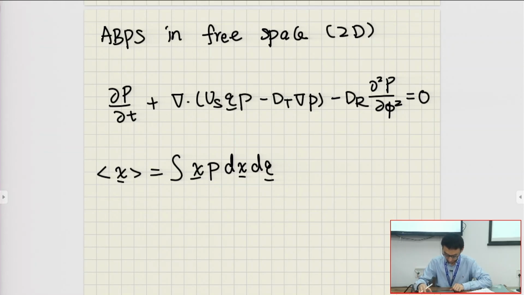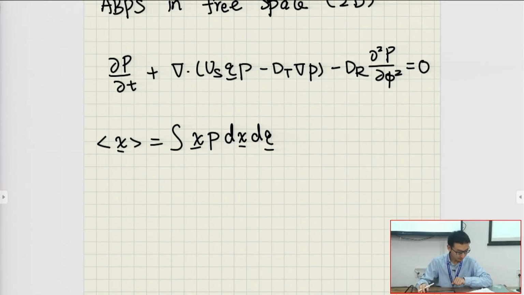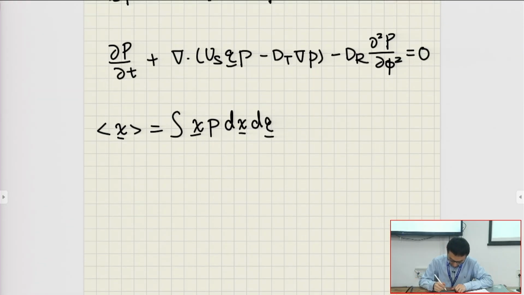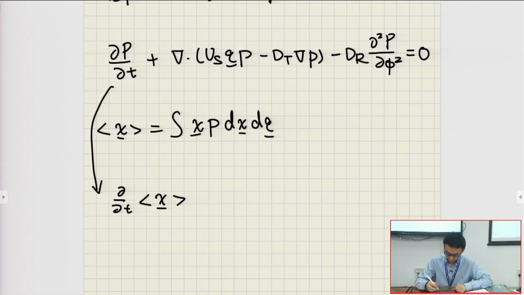So that will be the mean position. Let's try that. What I can do is multiply this equation here by x and do an average. If I do that, what I get from the first term is just the average of x.